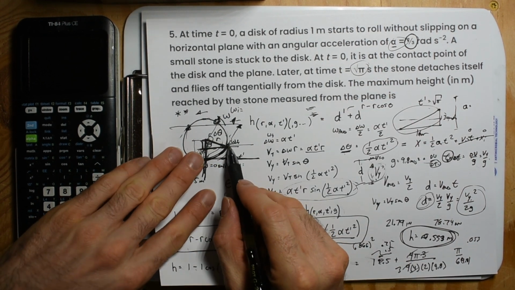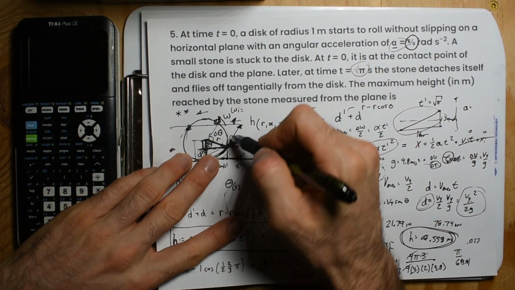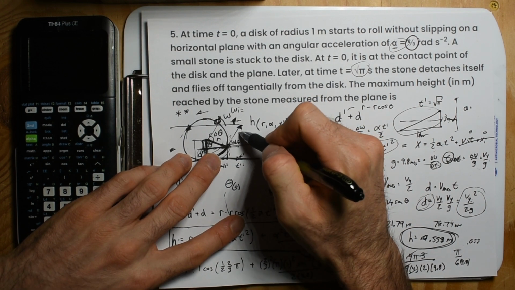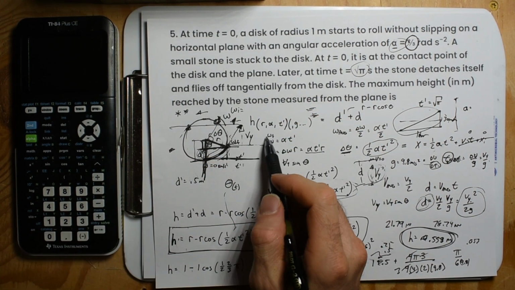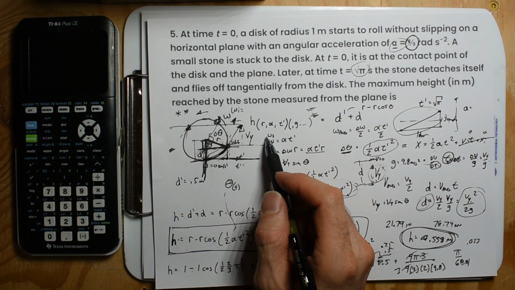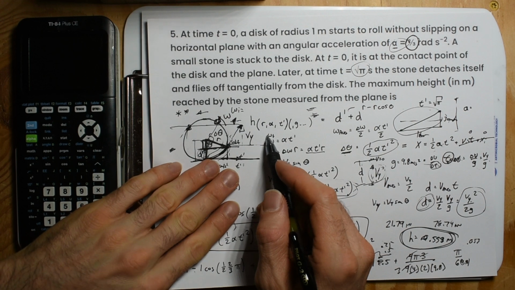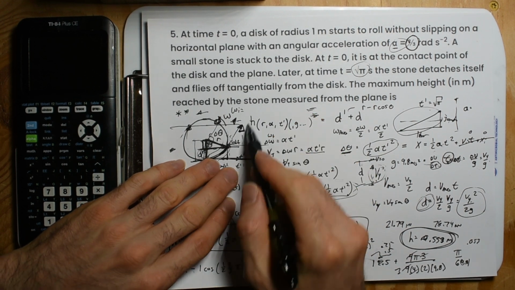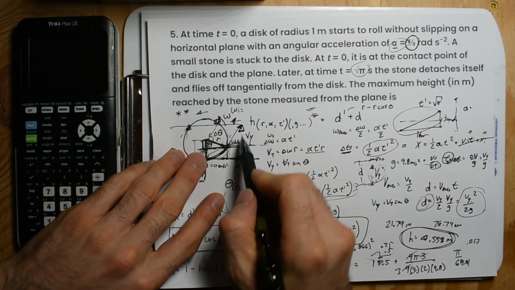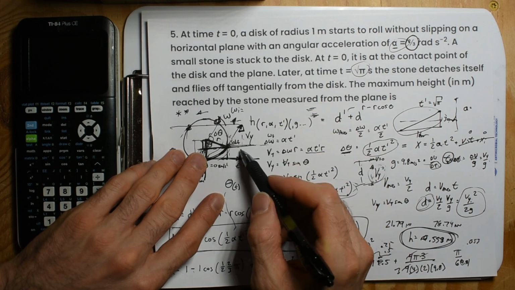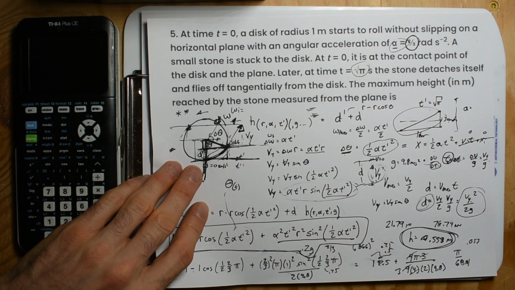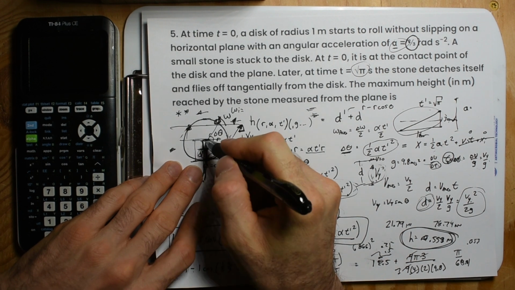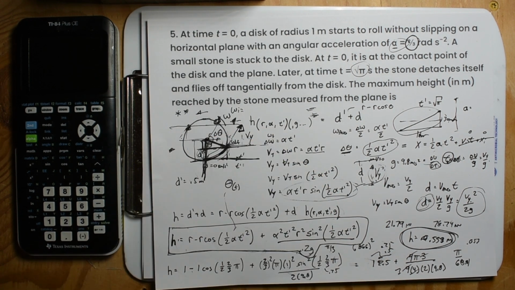Because the only thing we're concerned with is the velocity in the y component. Because the velocity in the y component is the only component that can generate any height. It won't have anything to do with the fact that the circle is moving sideways.